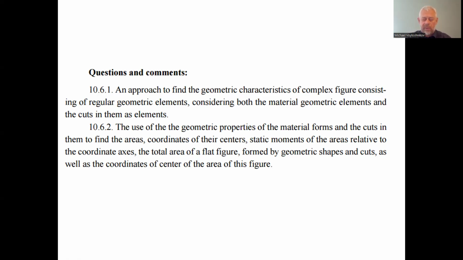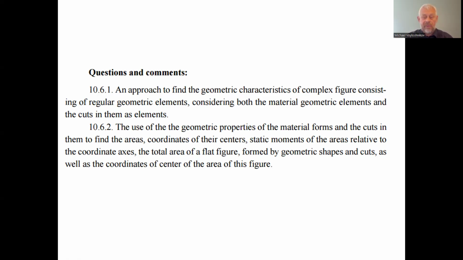We have to make a choice of the coordinate system, and relative to the chosen coordinate system we define the coordinates of the centers of the separate figures. Then we can use the formulas for the static moments divided by the area.